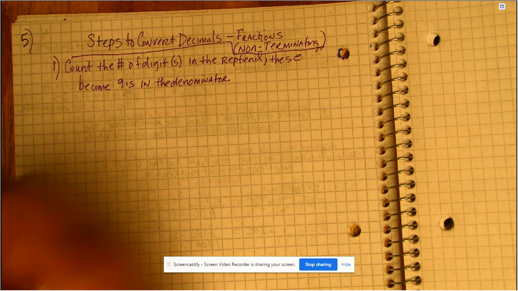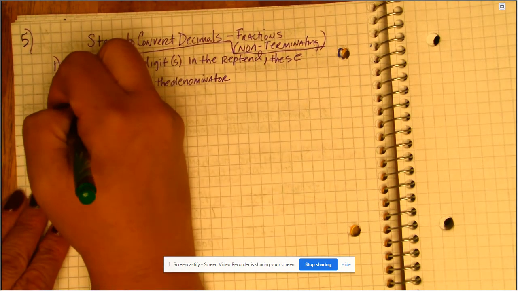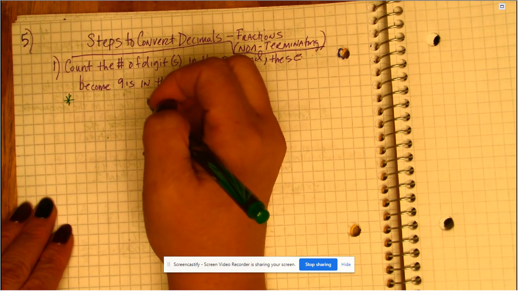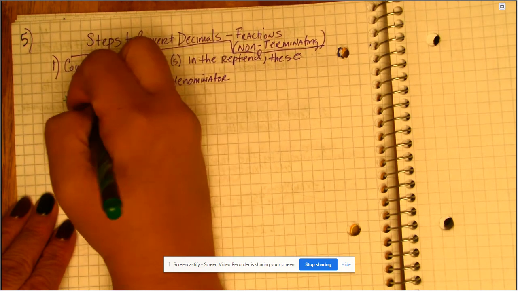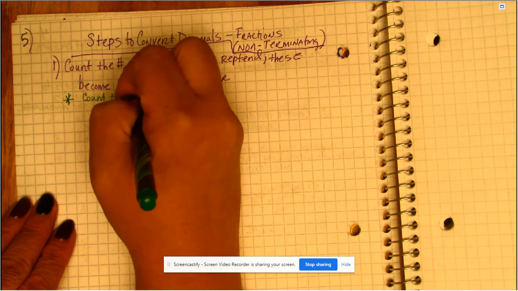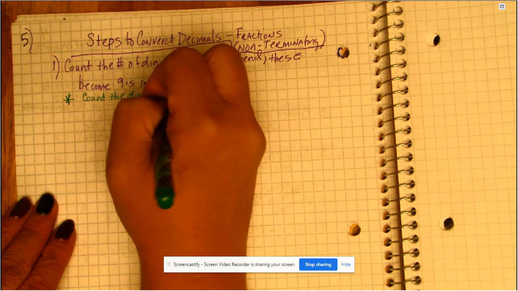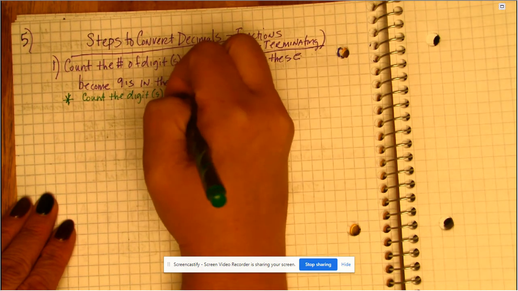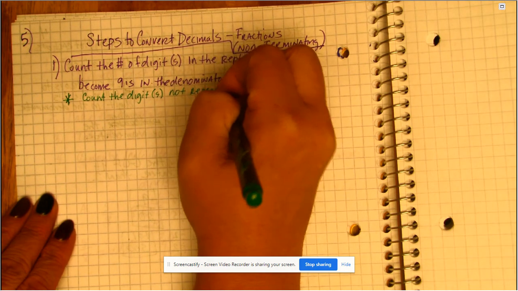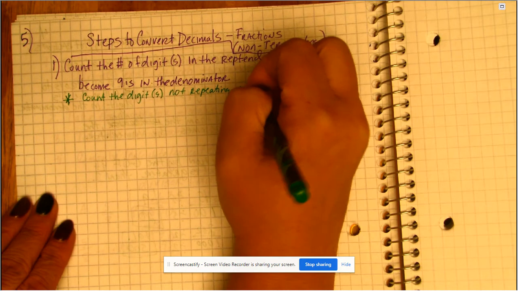Now I want you to make a special asterisk here that we'll get to at the end. And what I want you to put next to the asterisk is to count the digit or digits not repeating in the decimal.